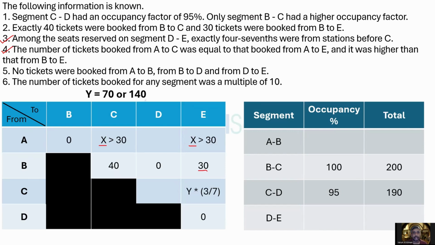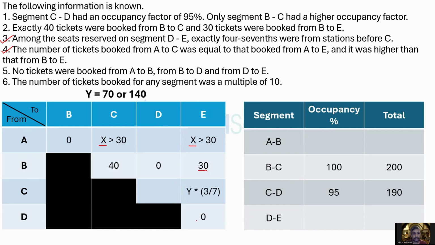And clue number 3 says that exactly 4/7 of these people had booked their tickets before station C, which means the number of tickets booked from A to E and B to E put together is 4/7 of the total number of seats occupied between D to E, which means C to E and D to E tickets were the remaining 3/7. I know that the remaining D to E seats is 0.